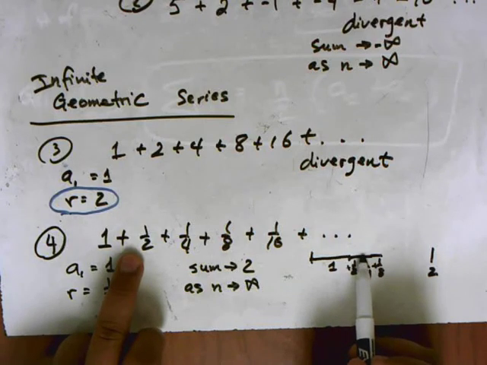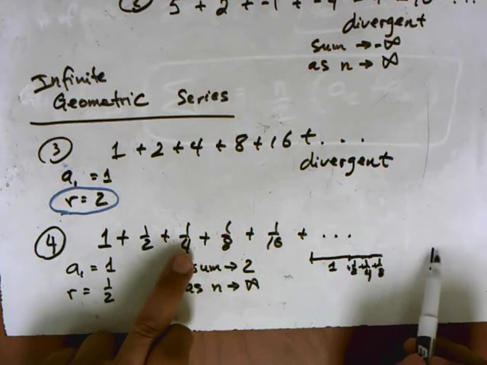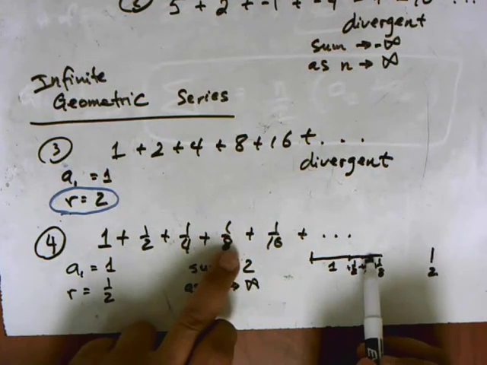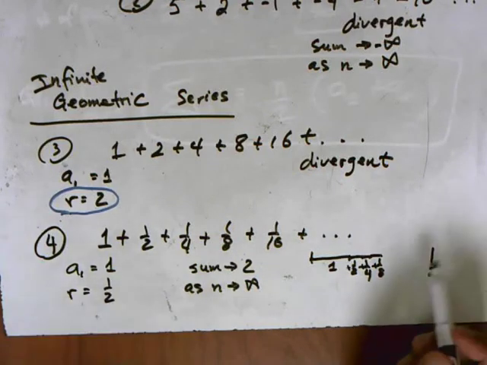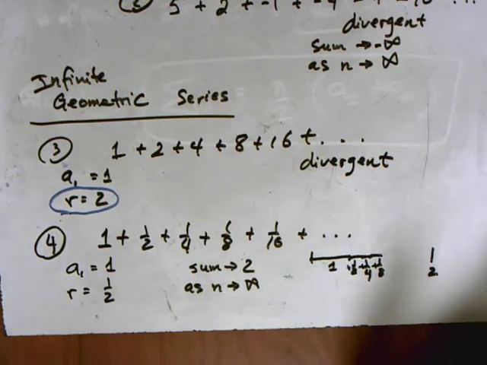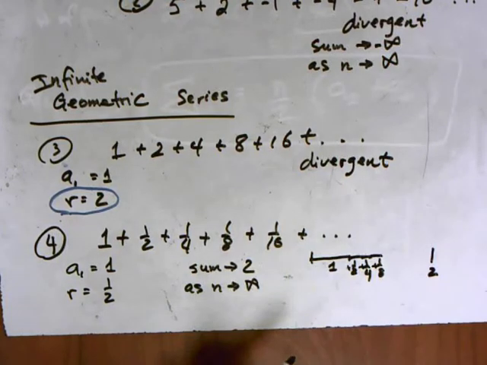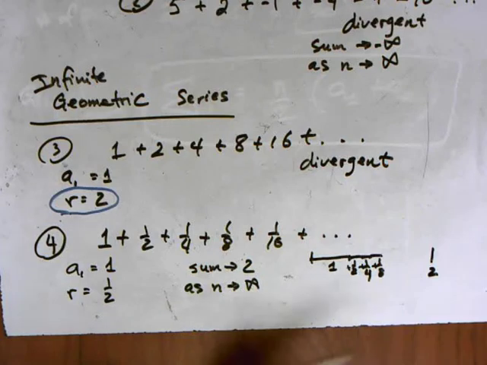And there's a half unit left here, and I'd like to go a half unit, but I only get to go a quarter of the way. And then there's a quarter of the way left, but I only get to go 1/8 of the way. So eventually, what I'm really doing is just going half the distance to the end. And if you go half the distance, there's always half the distance left. So this series will get closer and closer to 2, but it will never actually reach it.